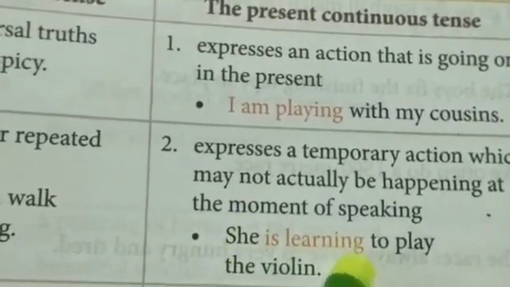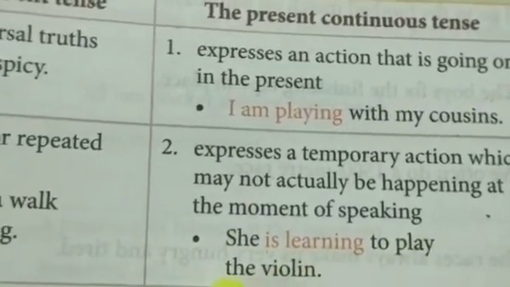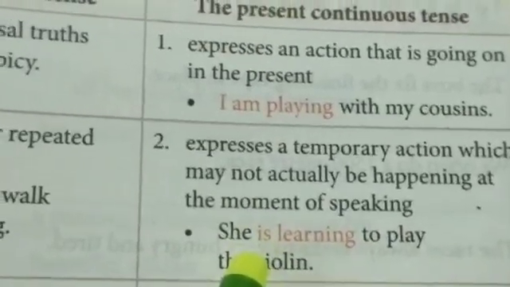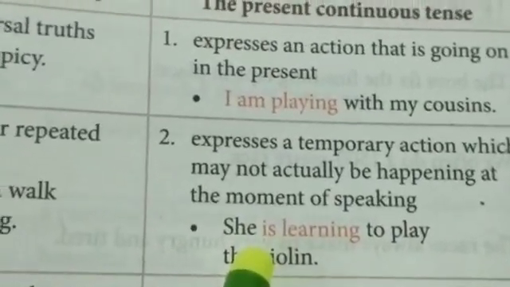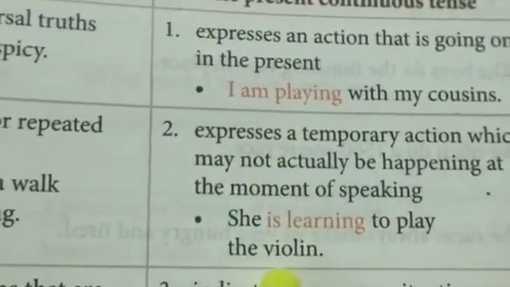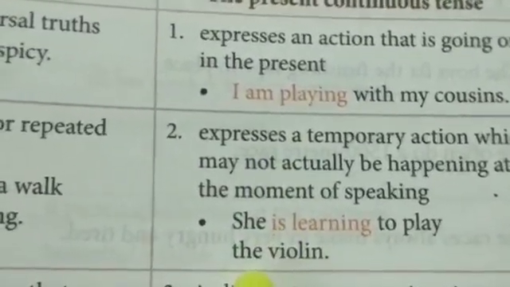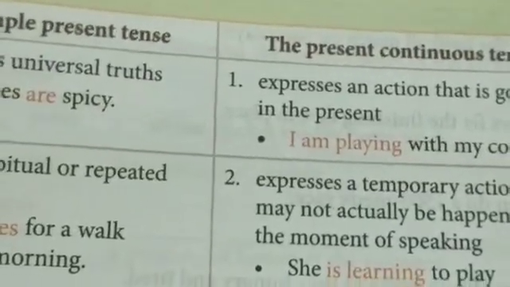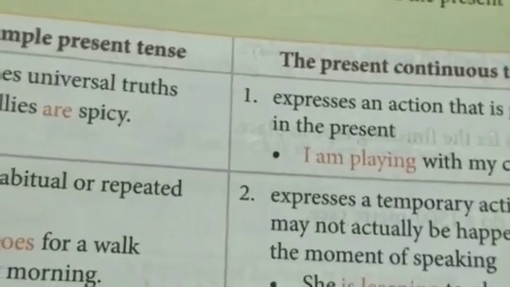She is learning to play the violin. Right now she might not be learning to play, but she is actually doing it. So for expressing this kind of temporary action, we use present continuous tense.